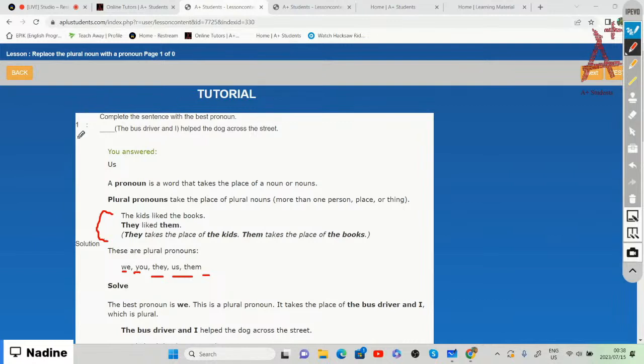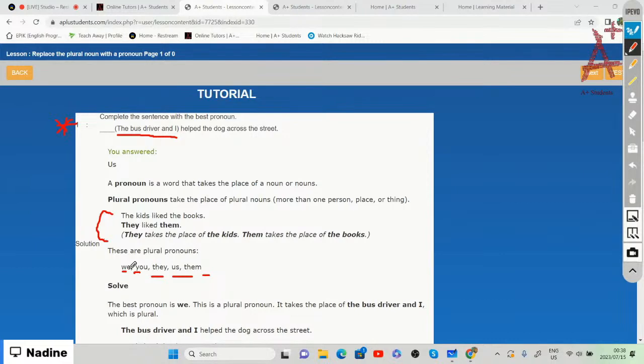All right, so if we look at this first sentence over here, right on top: complete the sentence with the best pronoun. So we need to choose the best pronoun to replace the bus driver and I. I'm going to underline those words: the bus driver and I helped the dog across the street.